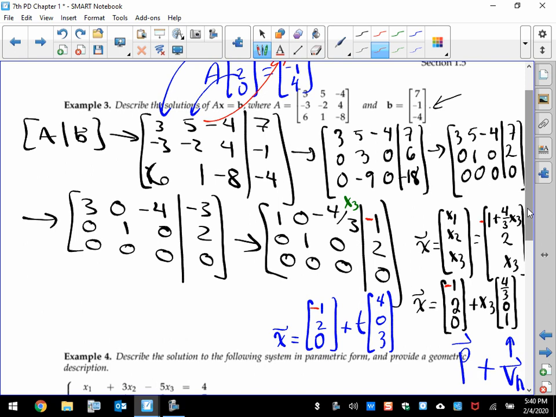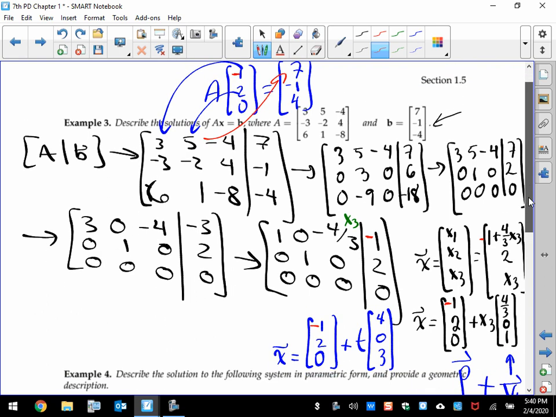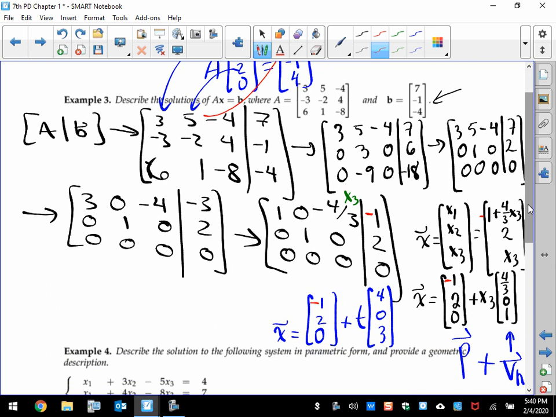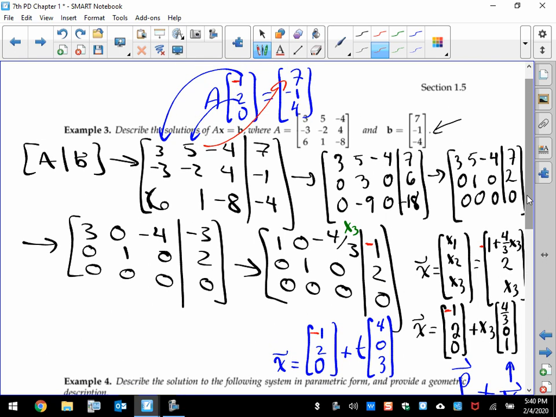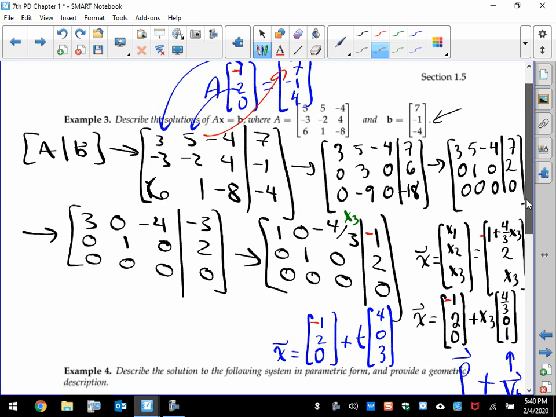I hope you saw, that literally took me like a couple seconds off of the video. I wish I would have done it on video, but I just paused the video, and I looked back through, and I realized, hey, there should have been a minus sign because when I weight 3 by 1 and 5 by 2, I'm not getting 7. So I was weighting my columns there to try to check my answer.